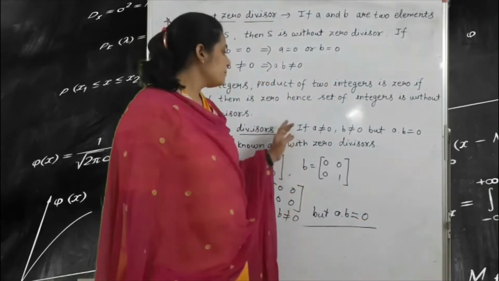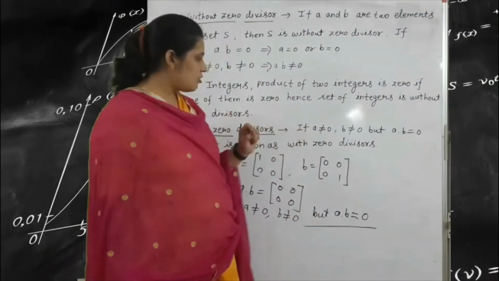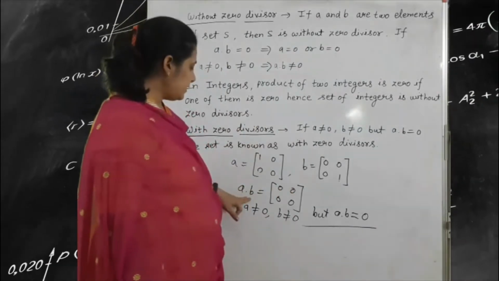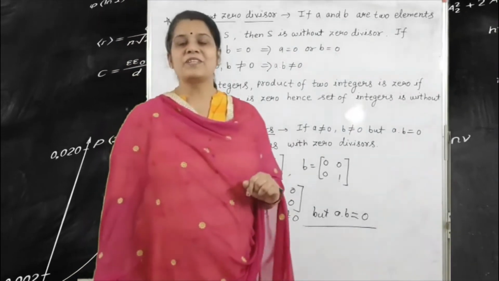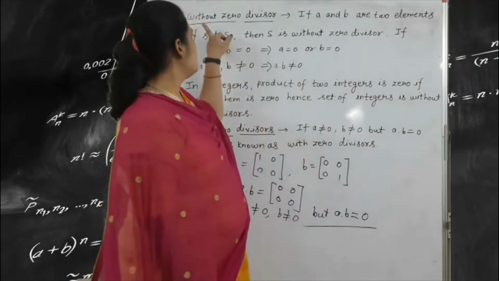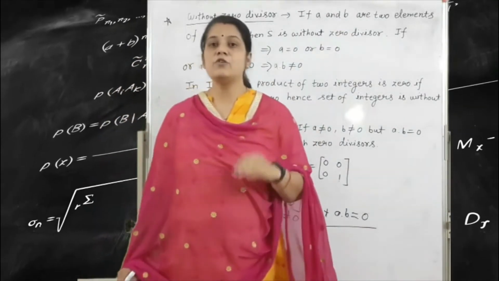So this rule is applicable according to matrices, because here a not equal to 0, b not equal to 0, but a·b is equal to 0. So this is a very important definition regarding without zero divisor and with zero divisor.